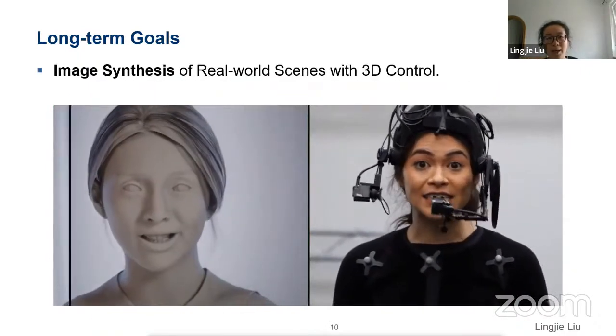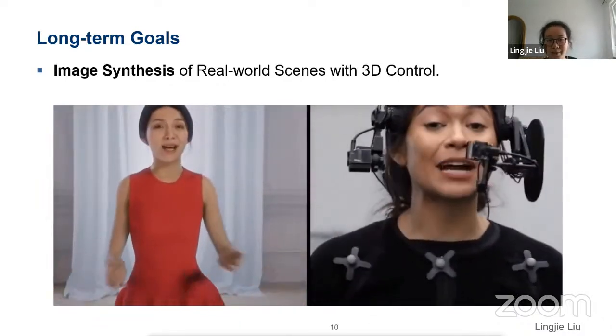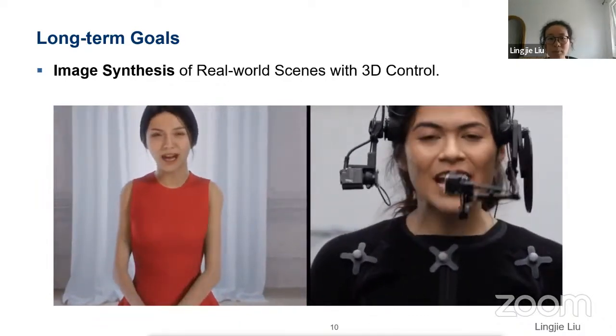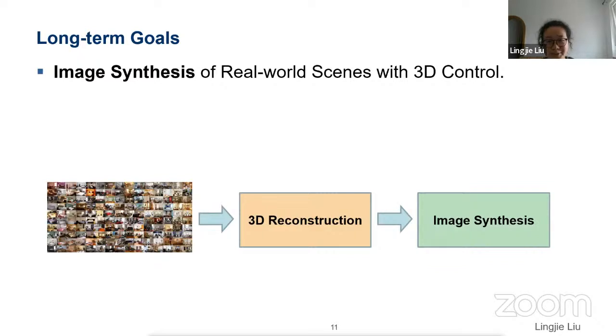And here we can drive a virtual character to behave in the same way we do. Hence, my second goal is to efficiently synthesize photorealistic imagery of the reconstructed things and allow users to control 3D contents.